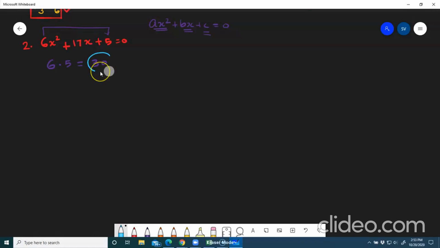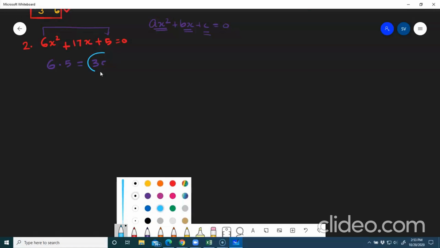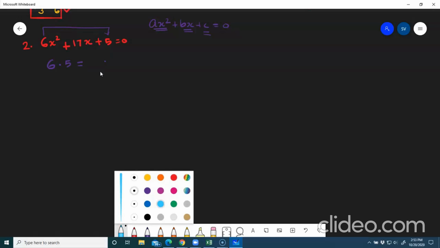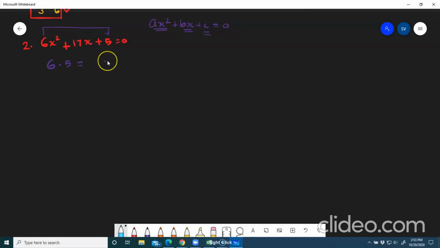We need two numbers whose product is 30 and sum is 17.